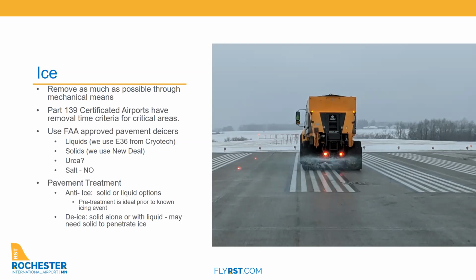As I'm getting freezing drizzle and it starts to freeze a little bit, that number will decline, right? So maybe now I have a 60, whereas the FAA wouldn't consider your runway compromised till it gets to 40. When I see it hit 60, which is almost beyond human perception, but I can see it on the wheel, I'll apply chemical, we'll put liquid down, and my number will jump back up into the 70s.